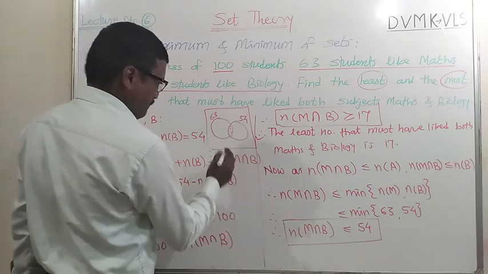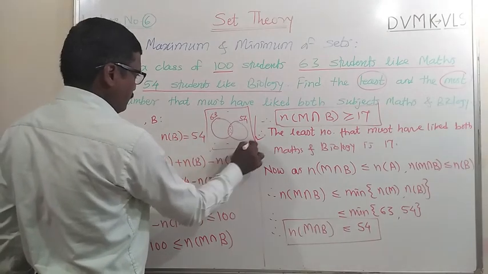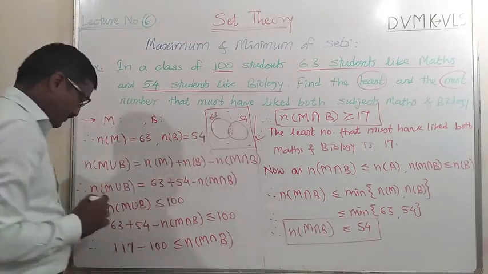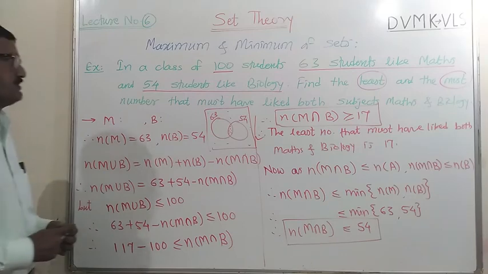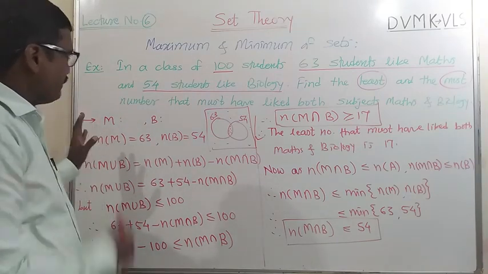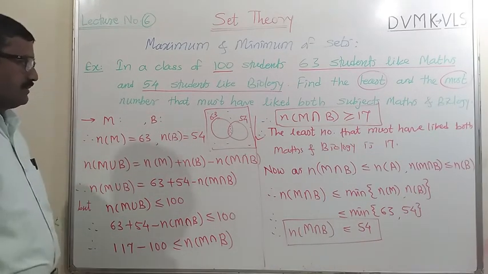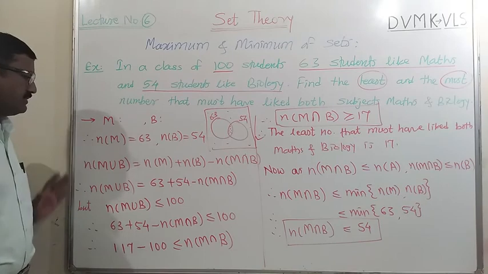It means except these 54, the remaining students like math or other than these two subjects. So this is the way of finding the maximum and minimum of these two sets. You can easily find these numbers.